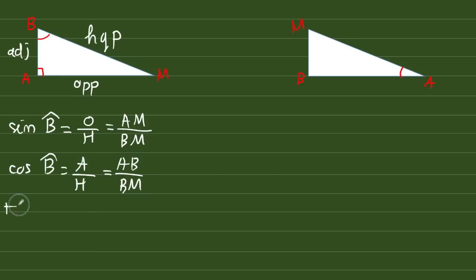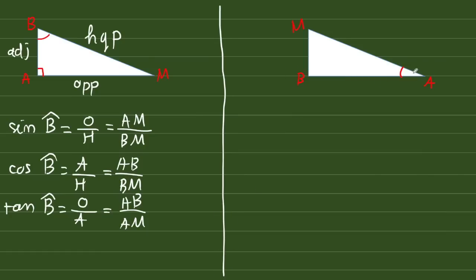And the last one, tan B: opposite divided by adjacent. The opposite is AM, and the adjacent is AB. The first question is finished. In question 2, the chosen angle is A. How can you find sine A?